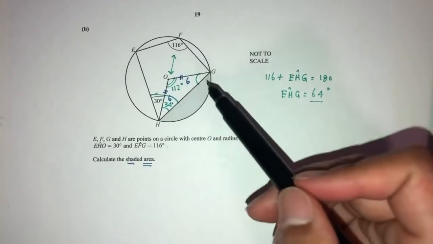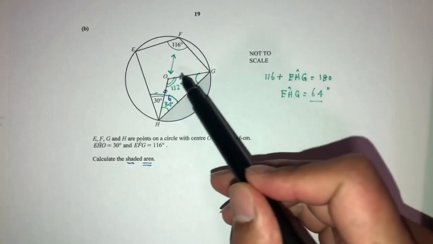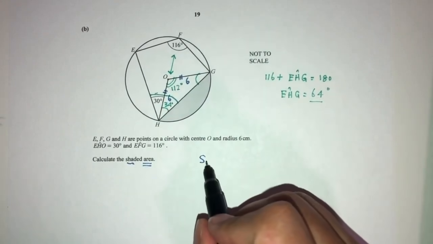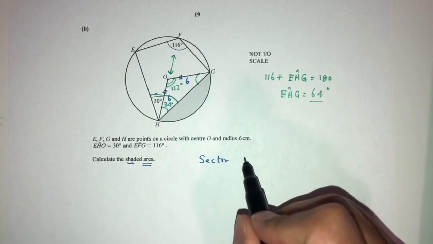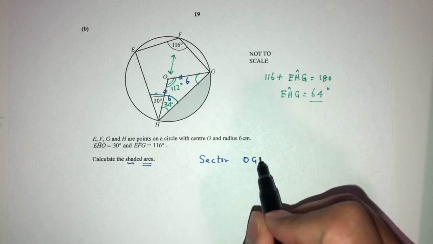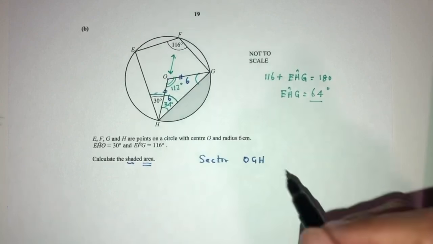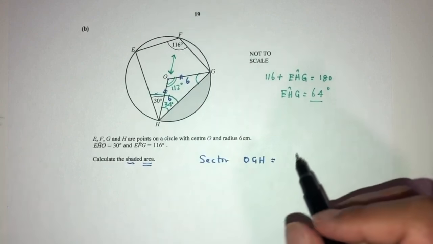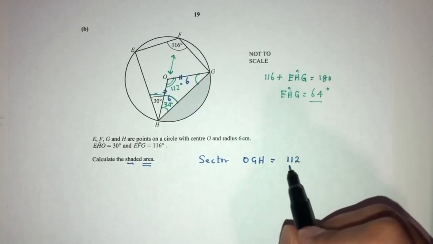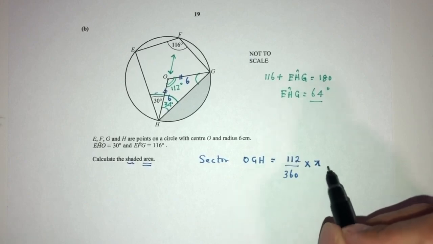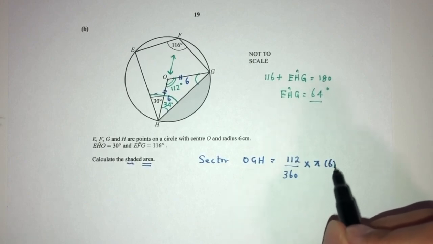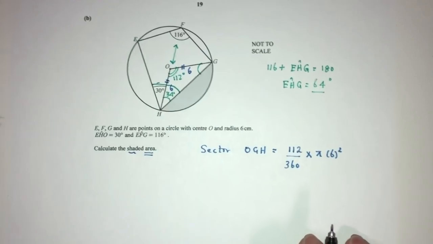So to find the area that is right here, we have to first find the big area. So sector OGH. So the whole sector, the whole thing. So that will be, using your formula obviously, the angle is 112 over 360 times pi r square. Pi r square is what? It is 6 square. Right?